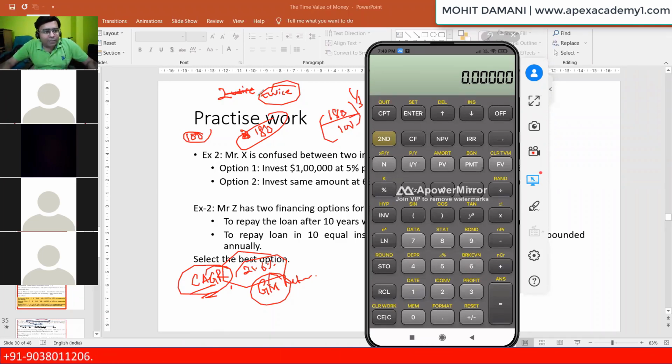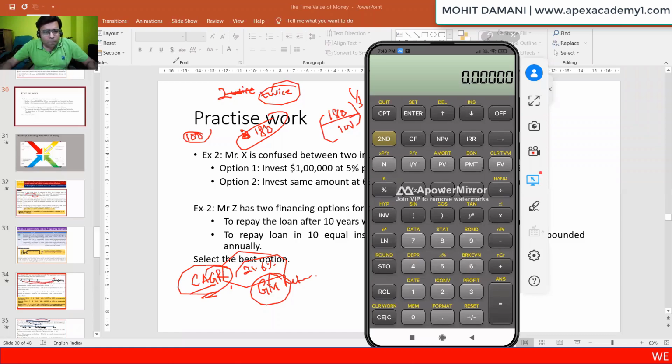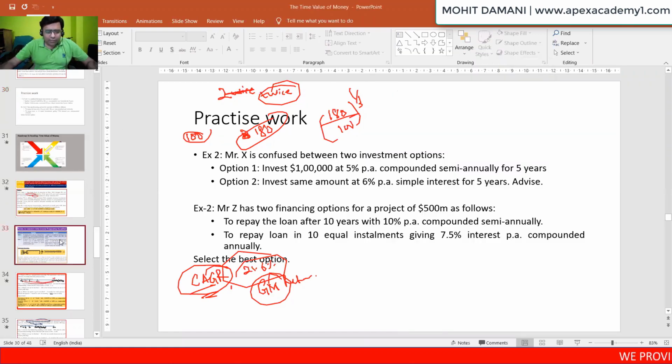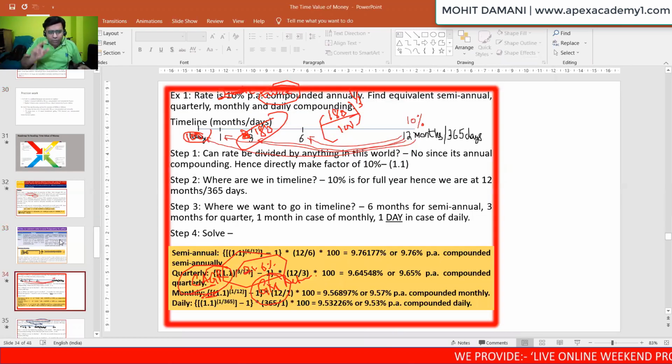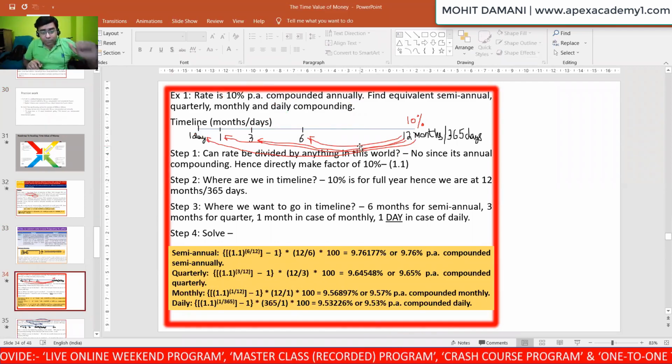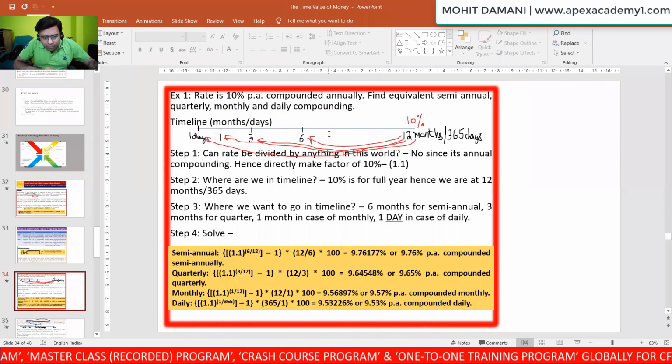I will take a practical example, a curriculum related example only. This was the conversion example that we discussed. Now these are the actual conversion formulas or conversion practice questions that we solved together as part of our program.